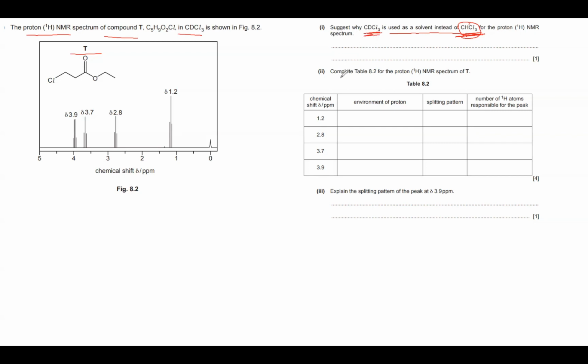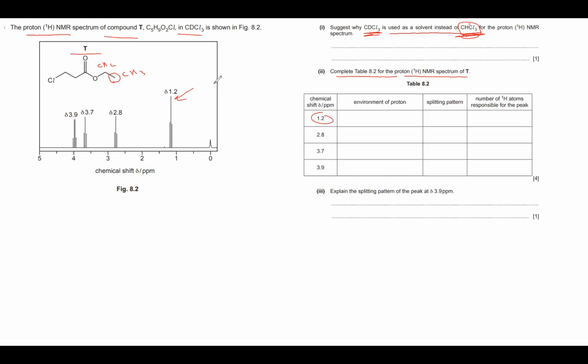For the second part of the question, complete table 8.2 for the proton NMR spectrum of T. When we have a chemical shift at 1.2, here we have an alkyl group, CH3. Look, guys, here we have CH3 and here we have CH2.